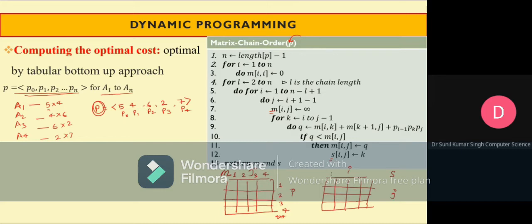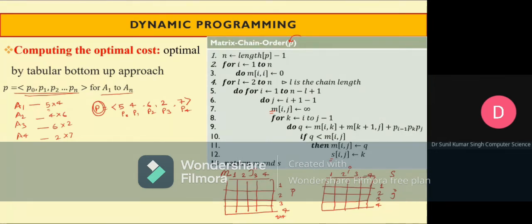Similarly here also 1, 2, 3, 4, 1, 2, 3, 4. You can see first column, second column, third column, fourth column. Similarly, first row, second row, third row, fourth row. These are the two matrices.